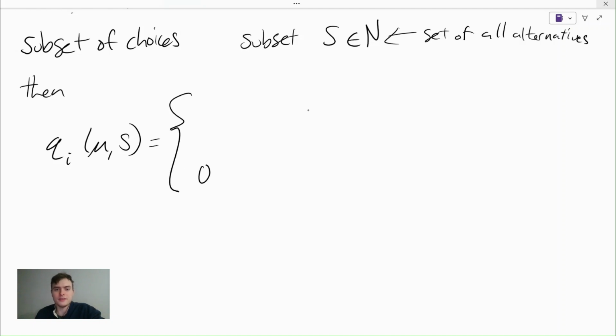It's going to be positive if I is in S, and it's 0 if I is not in S. And what value is it going to be? Well, it's going to be e to the mu I over the sum over j in S. Instead of looking at all the j's, just the j's that are in this subset, e to the mu j.